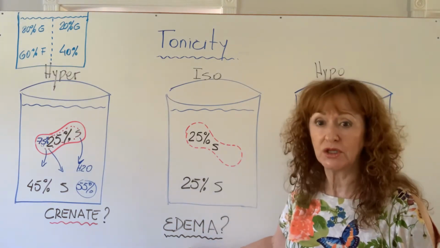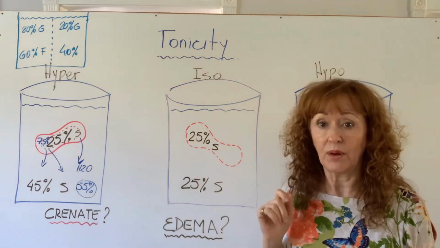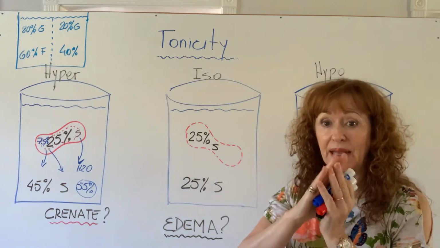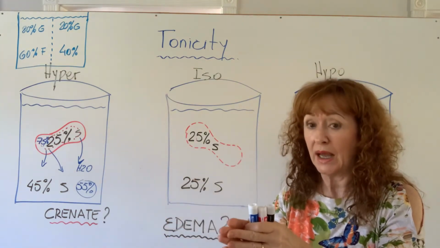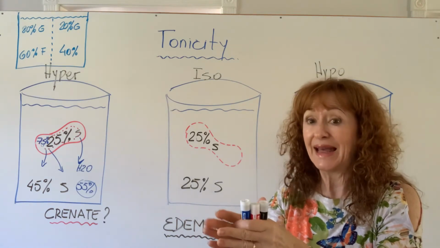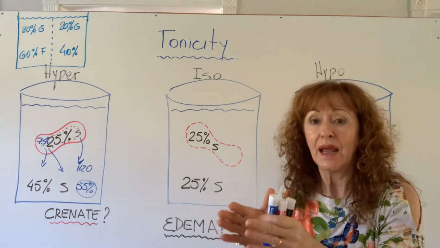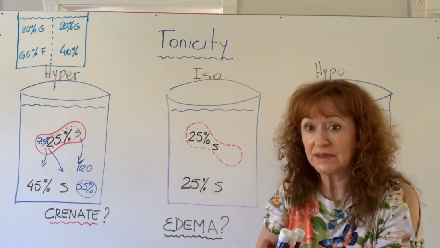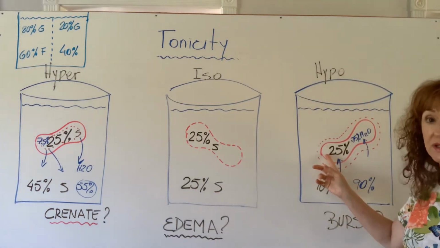Edema is accumulation of water in the tissues. Now, the first step is water moving from the capillary into the extracellular fluid, but if we allow that edema to stay a long period of time, that accumulation of water will go from the extracellular space inside the cell and eventually produce the same scenario.